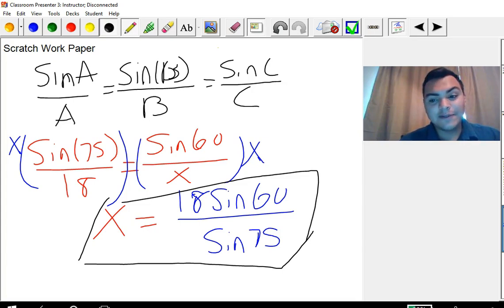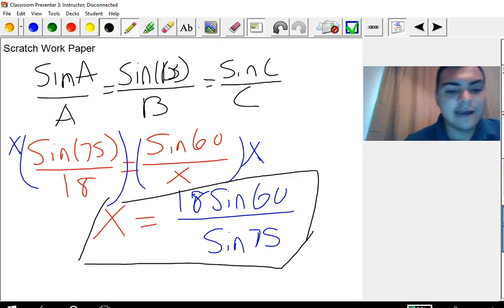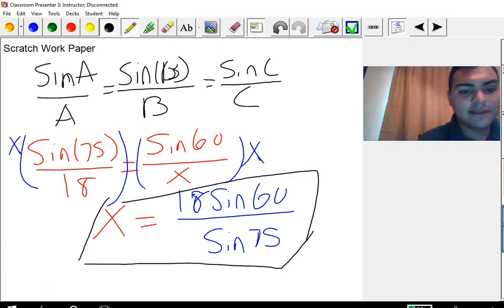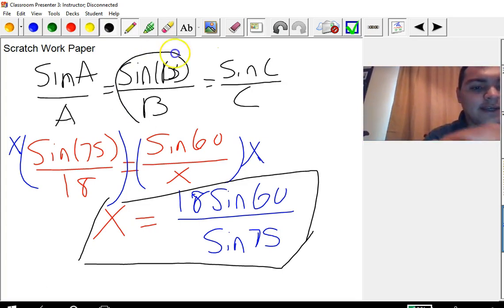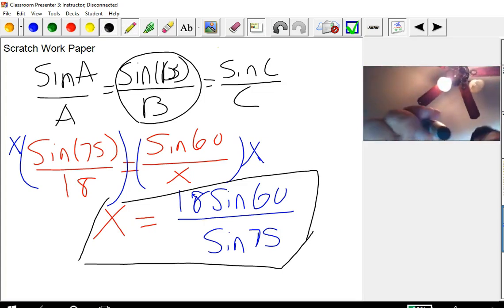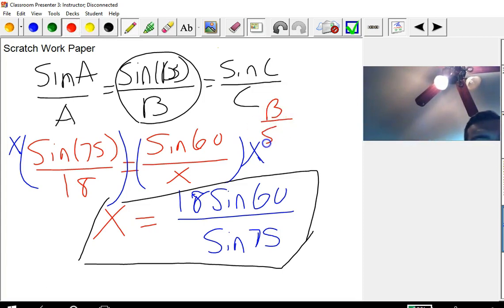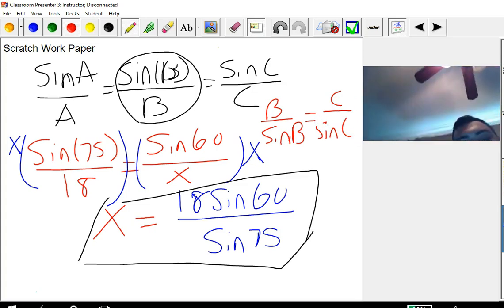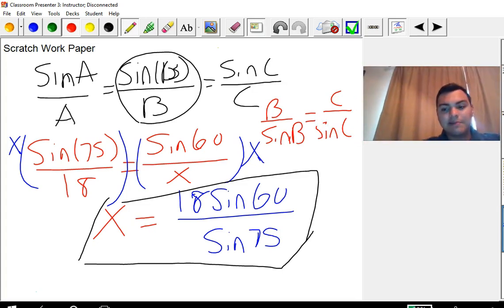If I were to do it again, I would write it with the sines in the denominators, so it's B over sine B equals C over sine C. That's also a possibility.